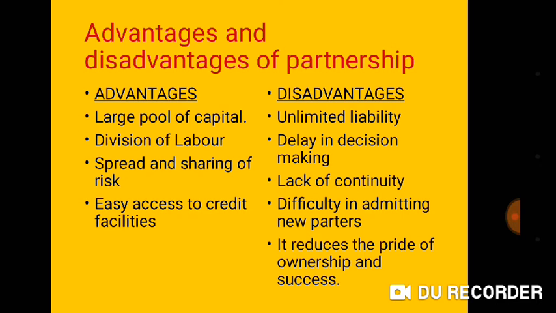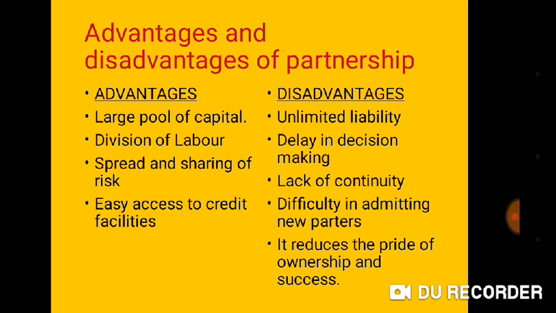Then there is division of labor. In partnership, the partners divide among themselves whatever work there is so that this person takes charge of this, that person takes charge of that. Then there is spread and sharing of risk. Anytime there is a risk in partnership, one single individual doesn't bear all the risk, but rather it is spread among the partners, and this makes it quite easy to handle.